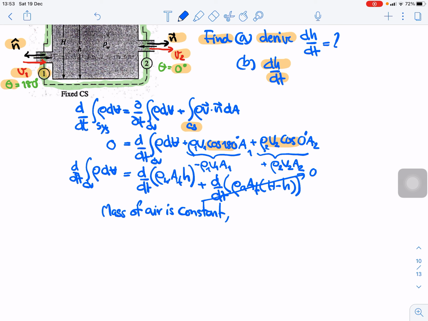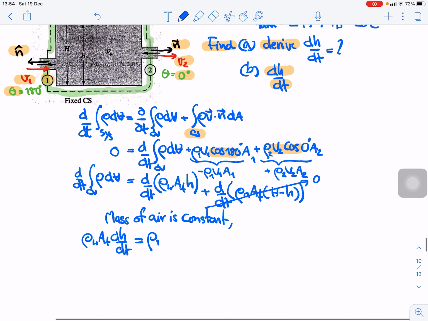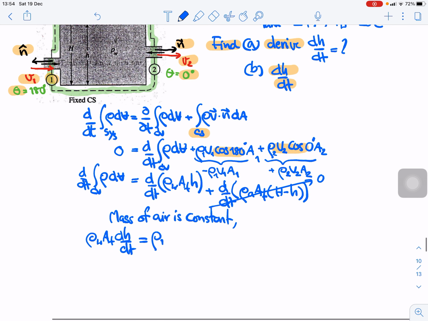So we can come up with a solution: rho A tank dh over dt is equal to rho 1 A1 V1 plus rho 2 A2 V2.